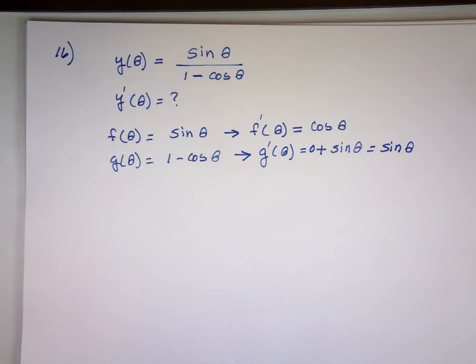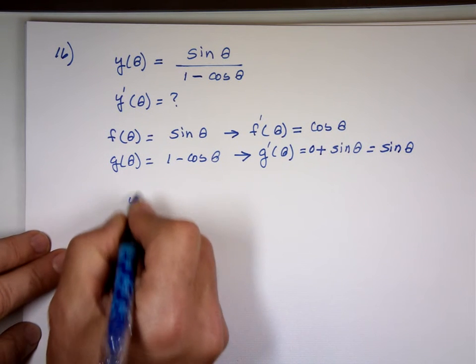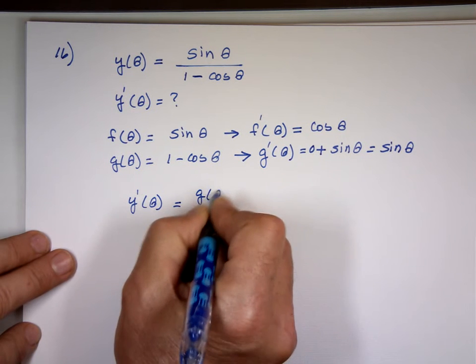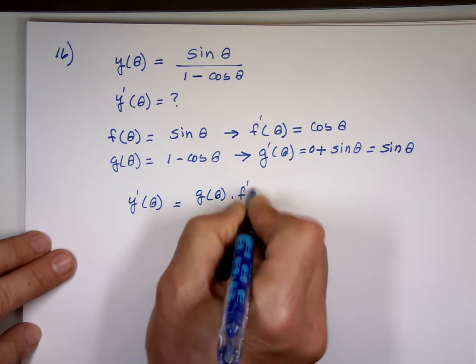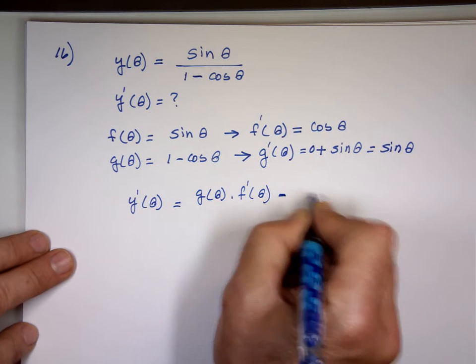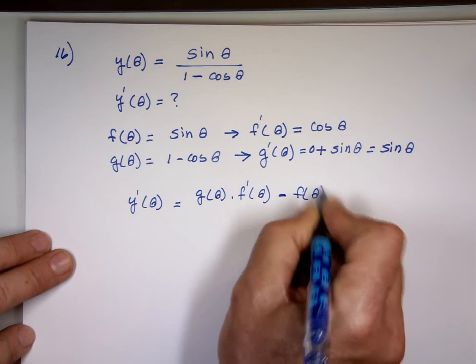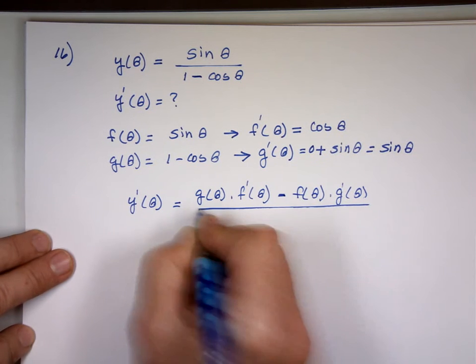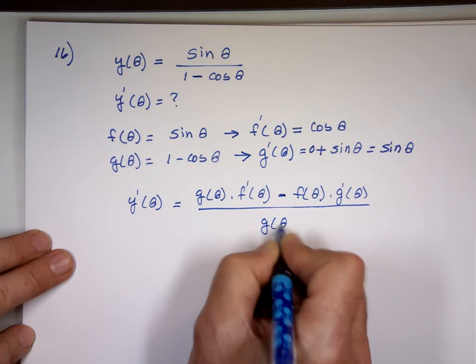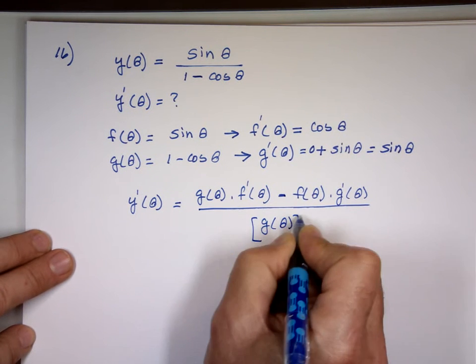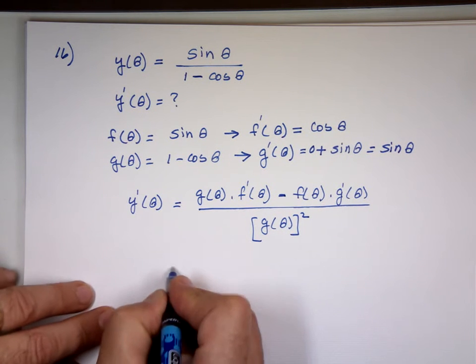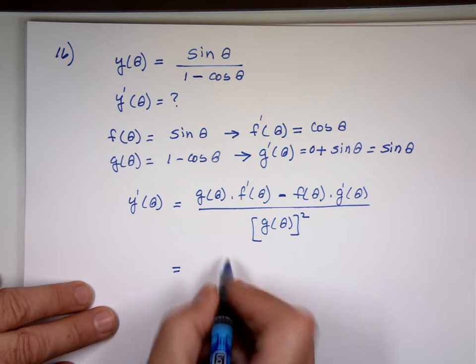So now the derivative here again, g times f prime minus f times g prime, all divided by g squared. And g is what? 1 minus cosine theta.